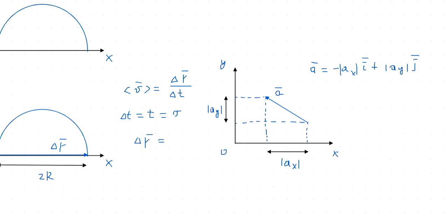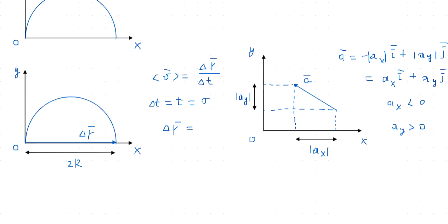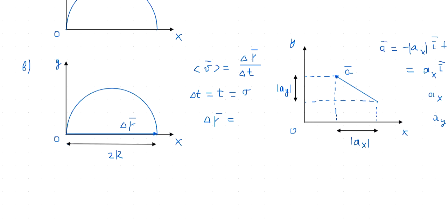Or we can write this in this way: ax i plus ay j, and ax less than 0, ay more than 0.